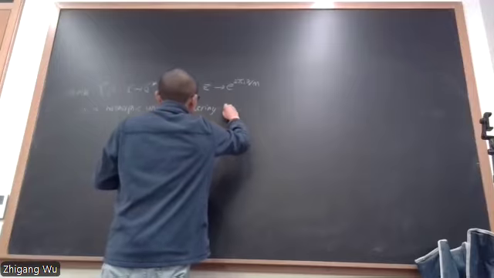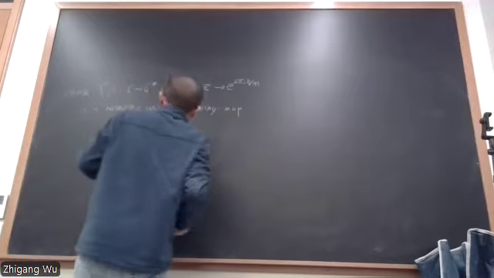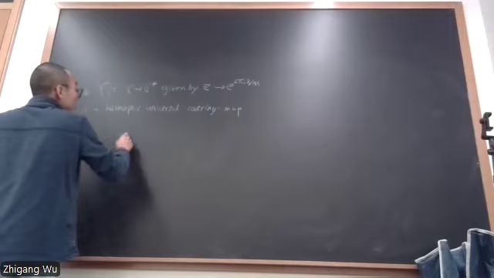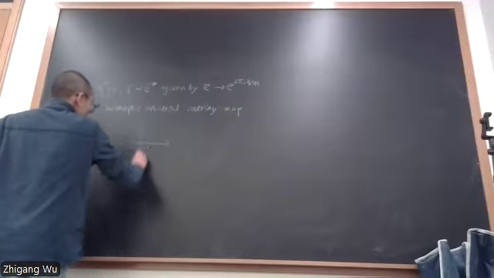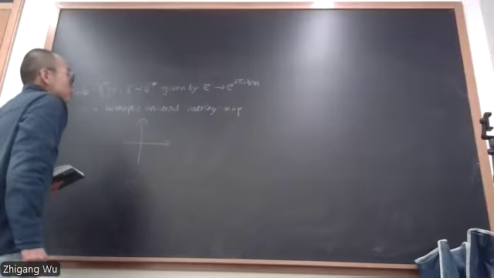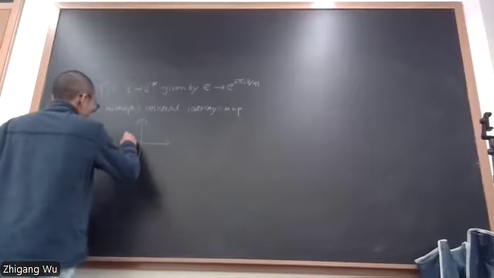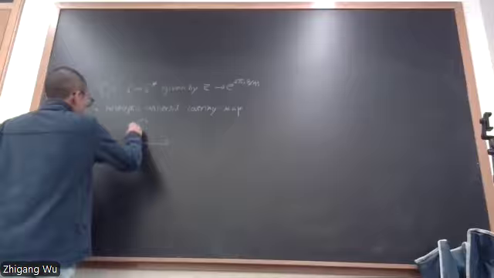And then, why is it a covering map? Because let's say if you take a point zeta naught here, just an arbitrary point.